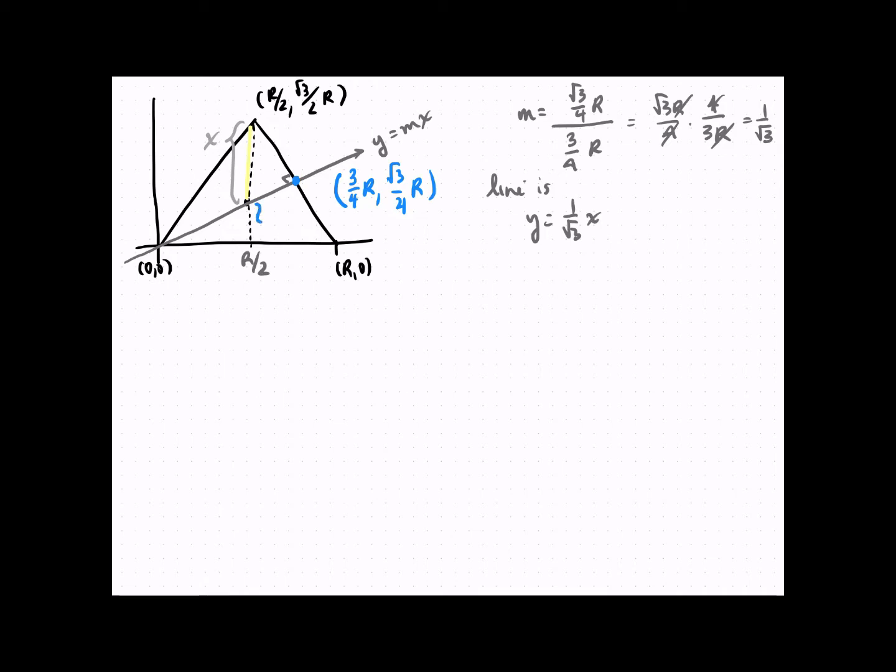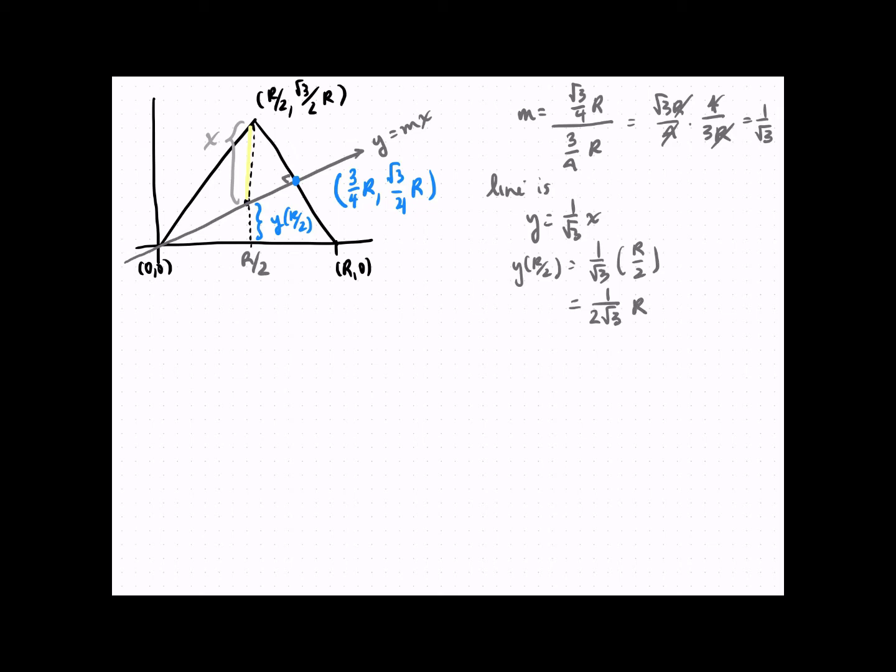So this height here, which I'm going to call, what should I call this? We'll call it y. Oh wait, I already used y. Yeah, well it is. It's y at r over 2. Y at r over 2 is 1 over root 3 times r over 2. So that's 1 over 2 root 3 times r.